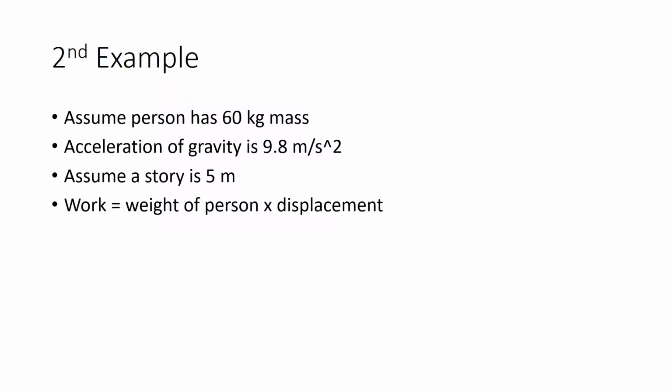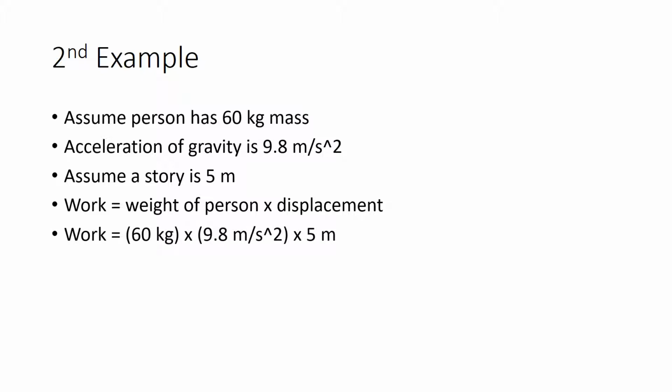For my second example, we are assuming that the person has 60 kilograms of mass and that the acceleration of gravity is 9.8 meters per second squared, and we're assuming that a story is 5 meters. So work is the weight of the person times the displacement.